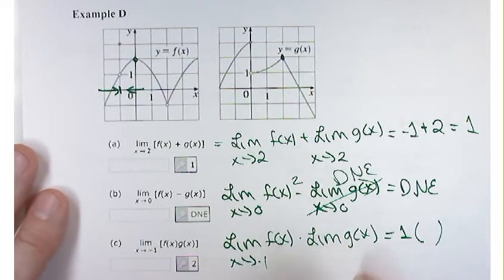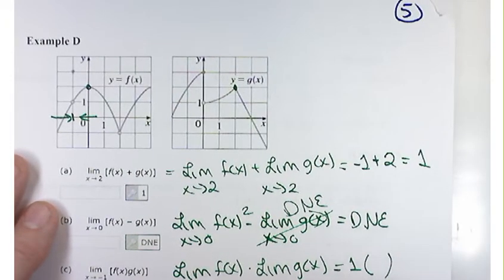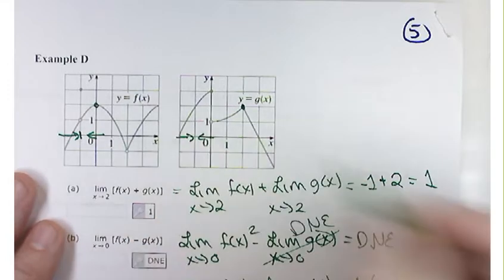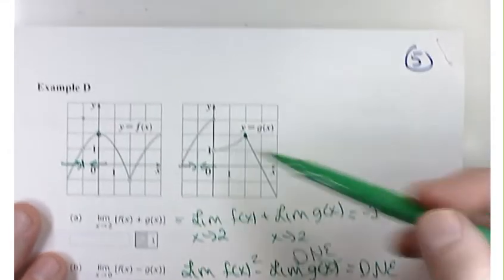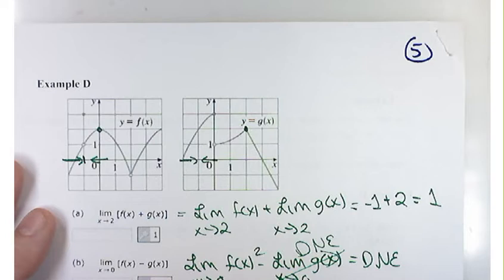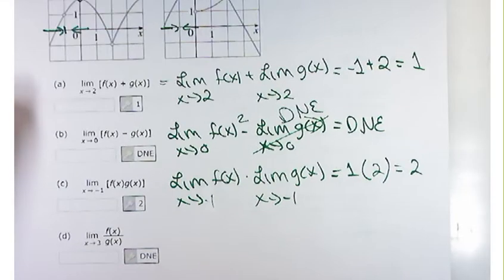How about for g of x? What's that limit as x approaches -1? As you're getting closer and closer to -1, what y value is g of x getting close to? 2. Thank you. All right, 2. And overall, the product is going to be 2. So again, nice.